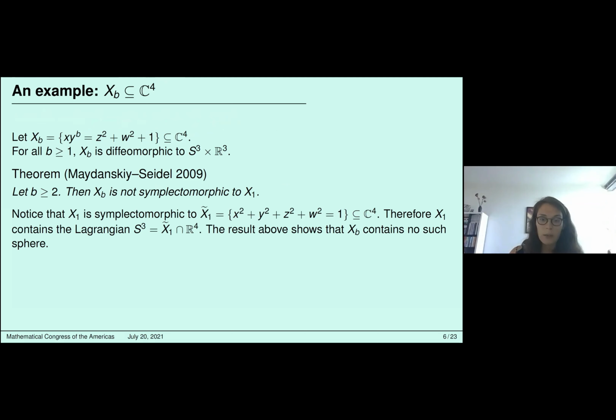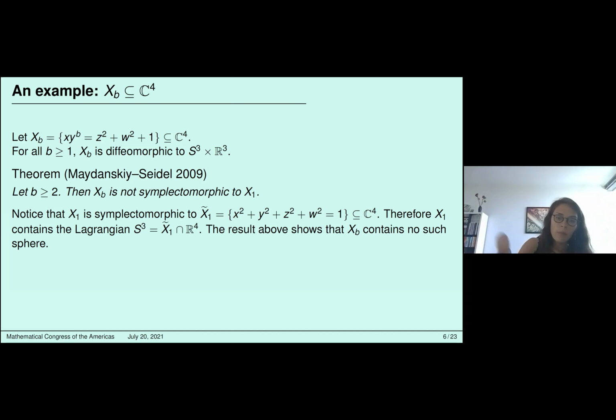I think it's nice to highlight this theorem because that's how you distinguish X1 from the higher Xb's: X1 is just a smooth quadric, so we can write it in different quadric coordinates. I like these coordinates because we see there's a Lagrangian S3 in here explicitly.